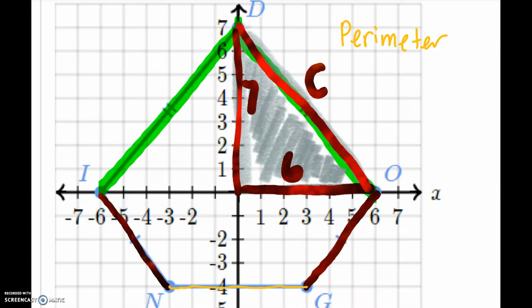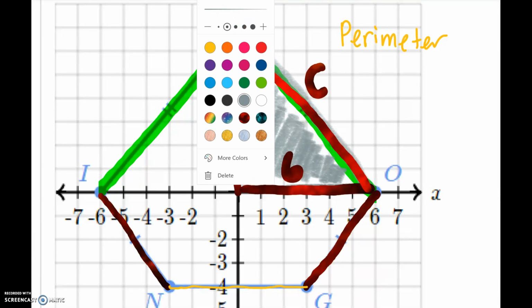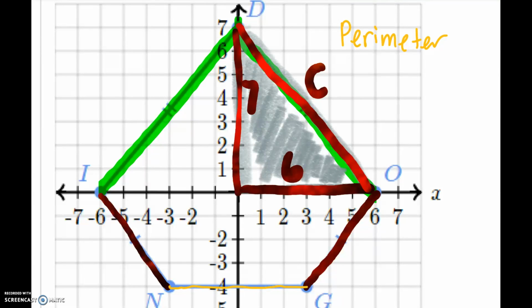Let's say this is C. As we all know, C squared equals A squared plus B squared. That's 7 squared plus 6 squared. So C squared is 49 plus 36. So C squared is 85. When you take the square root of both sides, C is actually radical 85.